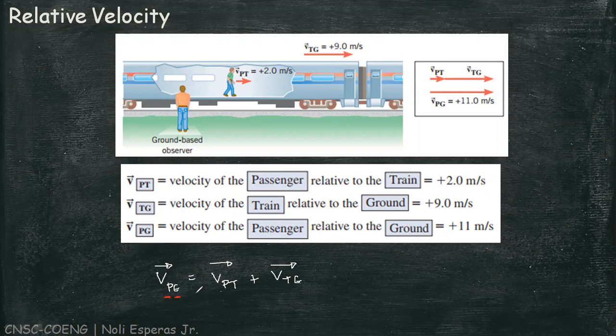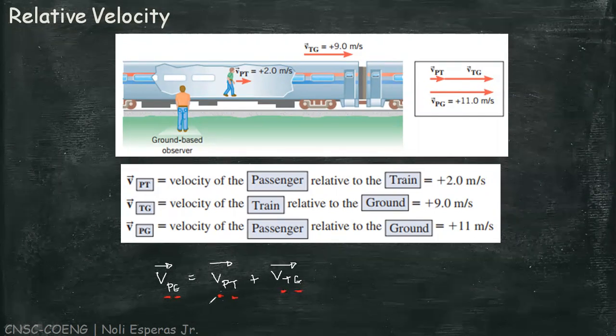So at the right side of the equal sign, we have the summation of the velocity of the passenger P relative to the train plus the velocity of the train relative to the ground.